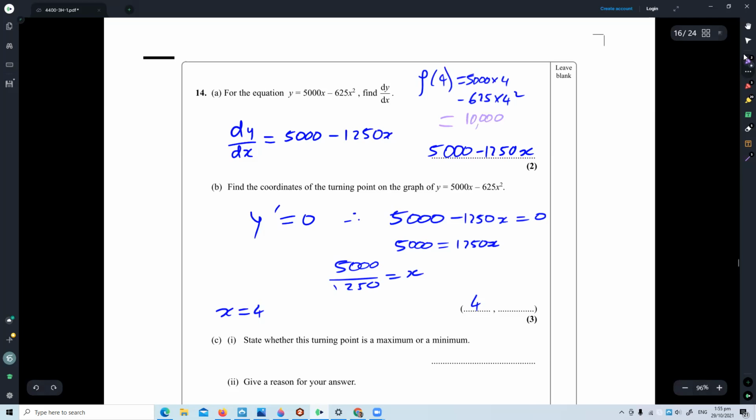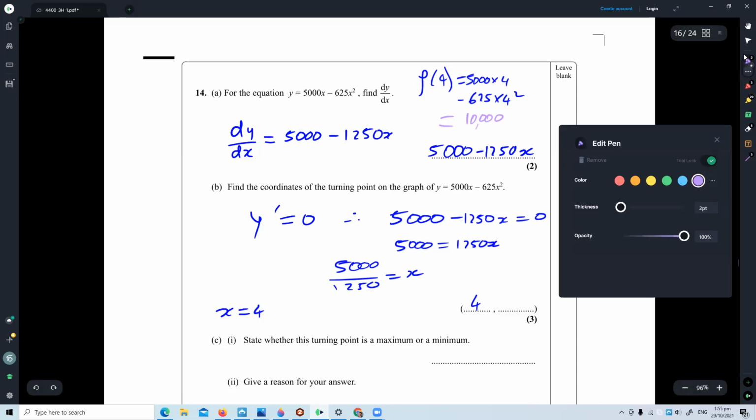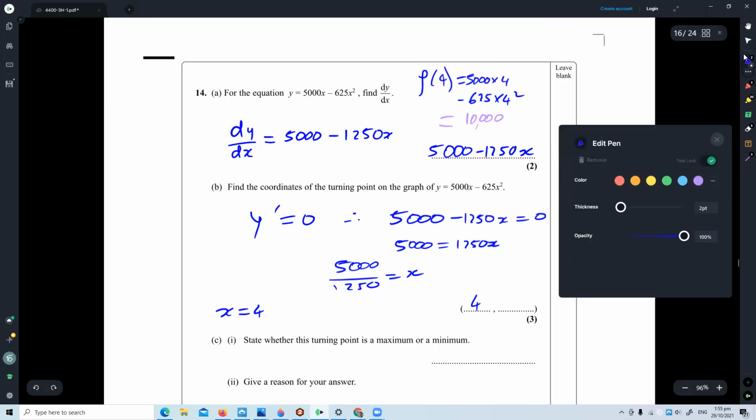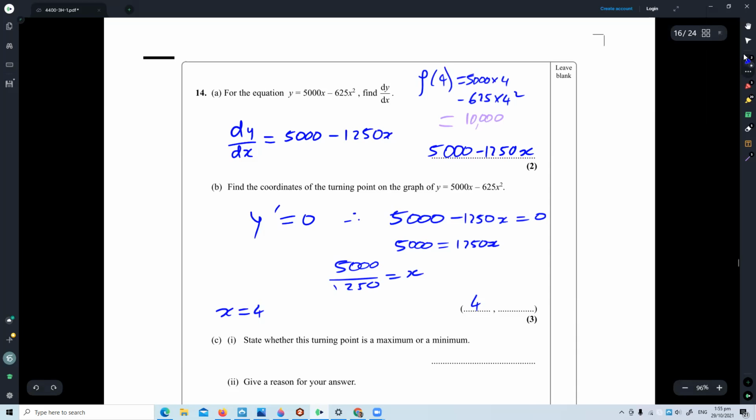By plugging the 4 into the original equation, I get the y coordinate. That's what you should do when you have the x coordinate and you're looking for the y coordinate: you just use the coordinate function. So 4 and then 10,000.